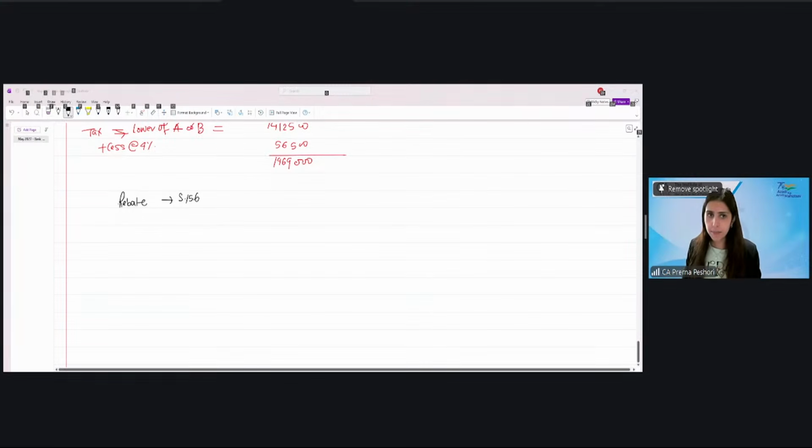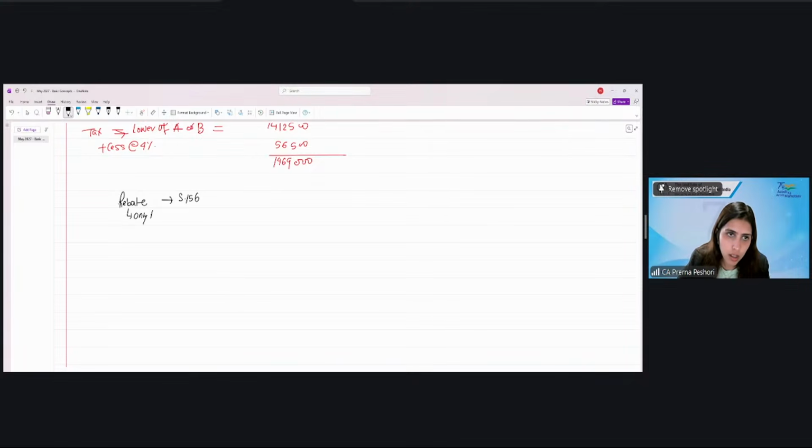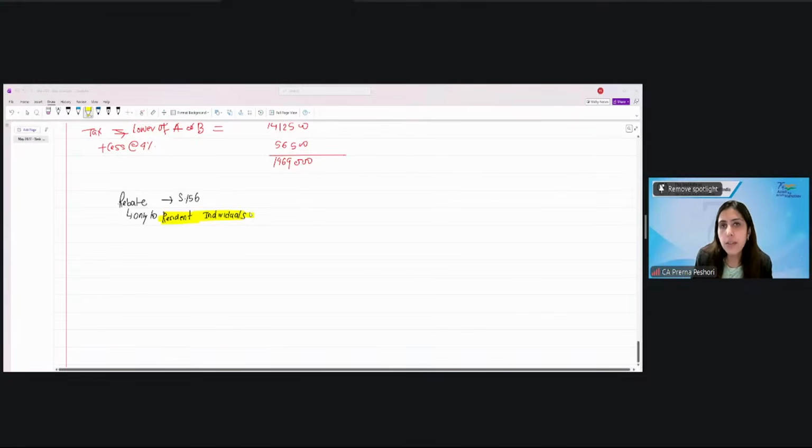This rebate is only given to resident individuals in India. It is not given to the non-resident. It is not available to HUFs and AOPs. We are going to see both of it.